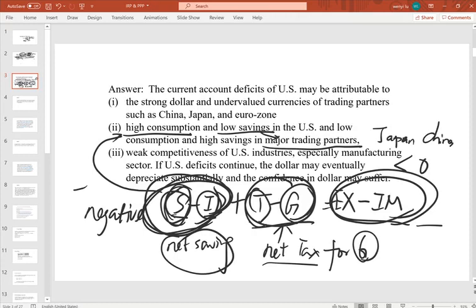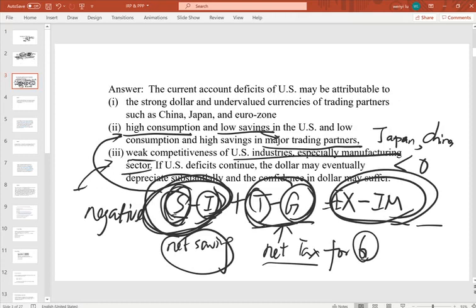These two countries have high savings. The last one is that our manufacturing industries are relatively weak. It is because we have a higher labor cost, so we cannot hire labor in the local market to produce goods at a competitive price.